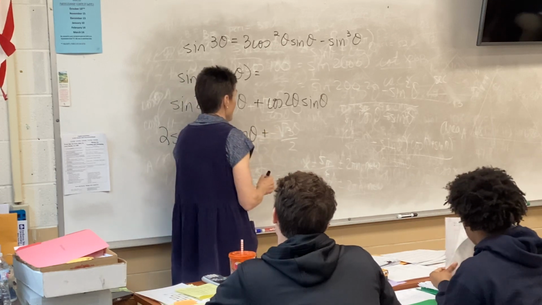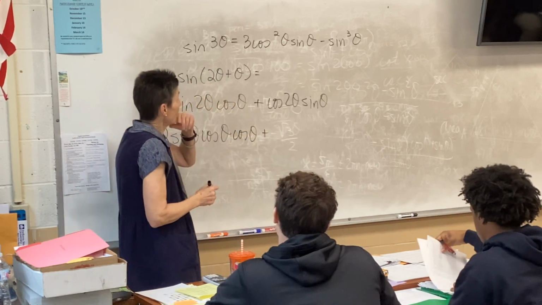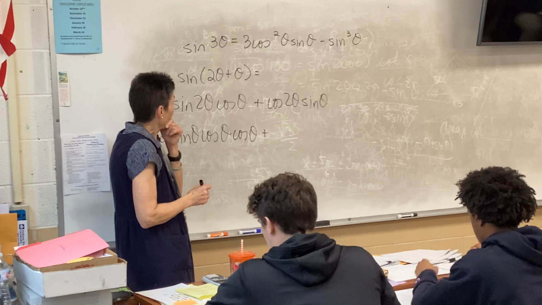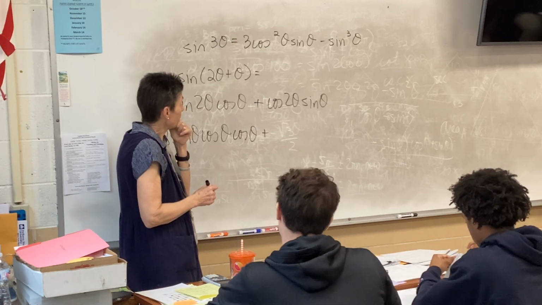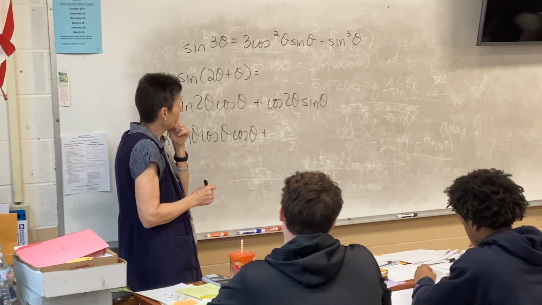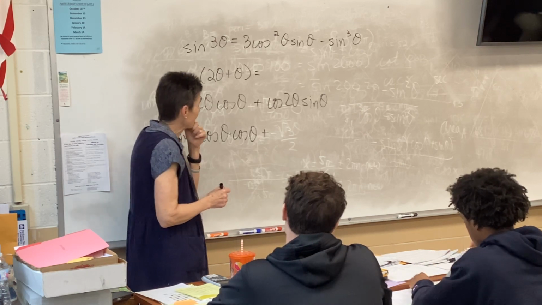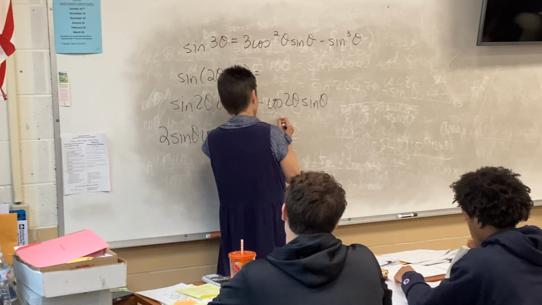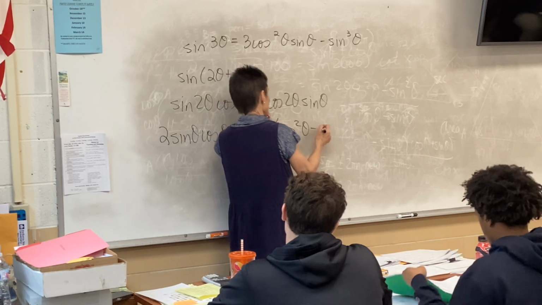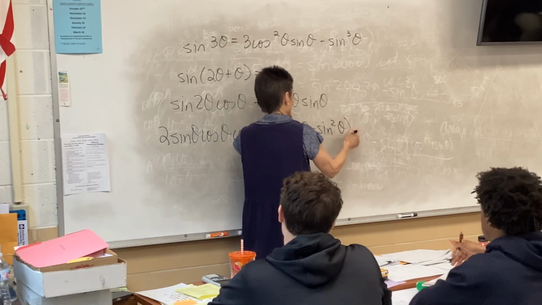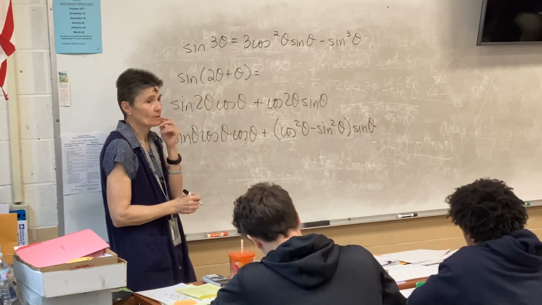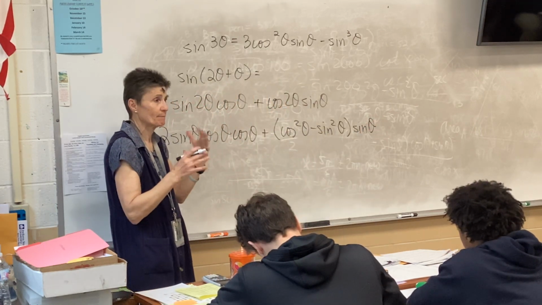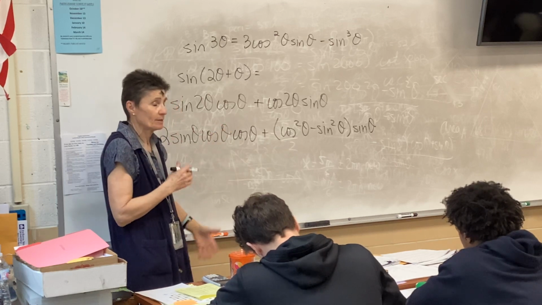And then cosine 2 theta, that has a bunch of different forms. I think I'm just gonna do cosine squared minus sine squared, and see what happens. There is no wrong answer, just sometimes one way makes it quicker.